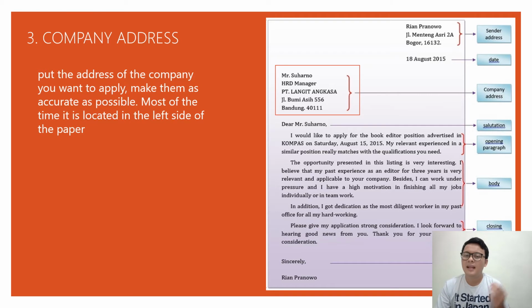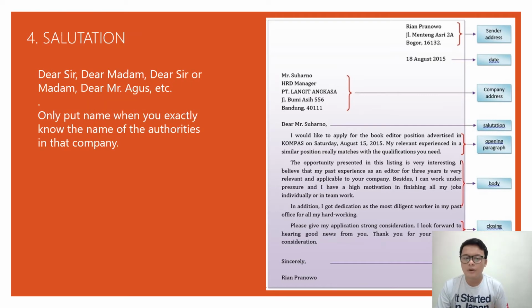Okay. Next, number 4 is a salutation. Salutation can be in any way. It can be dear sir, dear madam, dear sir or madam, dear Mr. Agus, or etc. But remember, like the example written, dear Mr. Suharno, only put the name when you exactly know the name of the authority in the company.